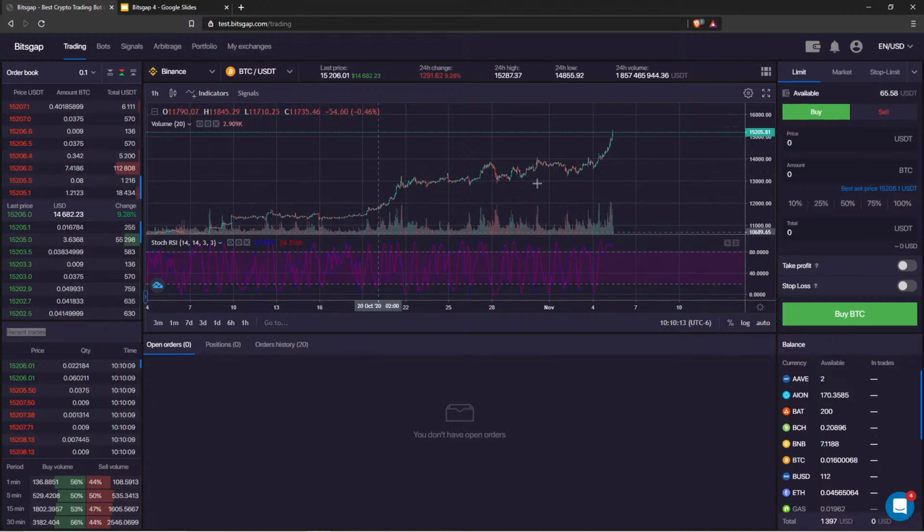So before you initiate the trade, you analyze the market, and here you have all the additional information before you make a decision.